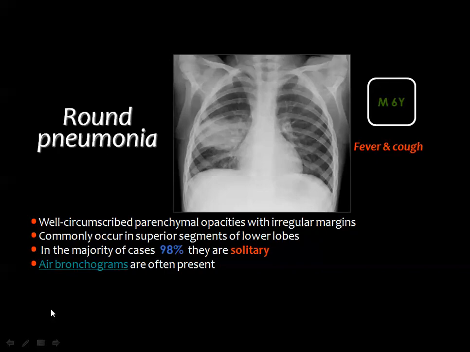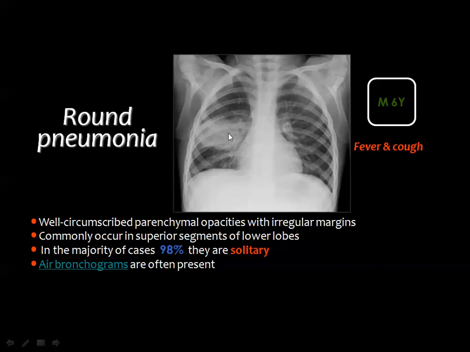Then you should know that round pneumonia in most cases is a solitary lesion, and in any case of pneumonia, you should see some air bronchogram within the lesion in the form of a branching radiolucency representing air-filled bronchi.